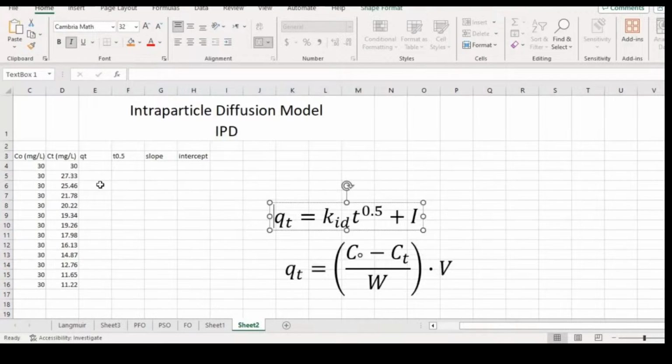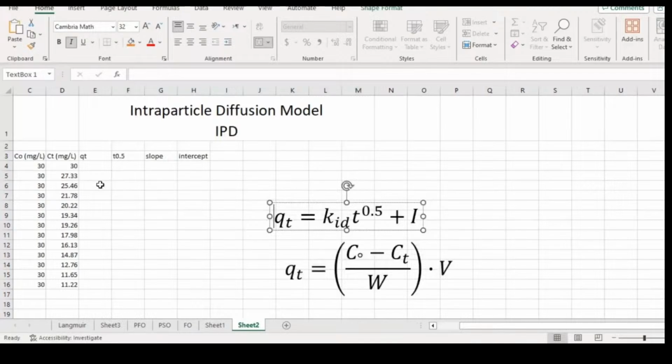In this case, our reaction volume in liters was 0.01, and the mass of the adsorbent in grams was also 0.01. This means 1 milligram per ml or 1 gram per liter. So this is equal to C naught, the initial concentration, minus Ct, multiplied by volume divided by mass.